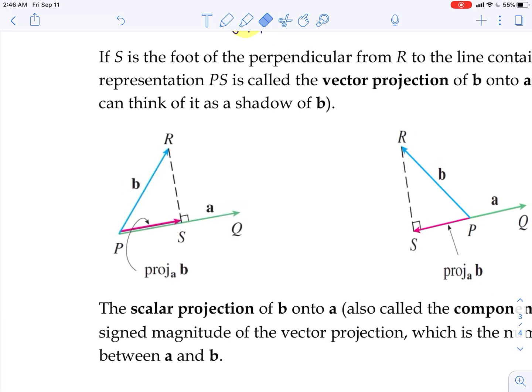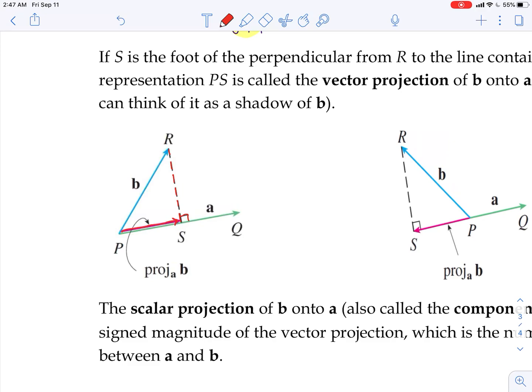And so what a vector projection is: we have two vectors, B and A, and wherever the terminal point of B, the end point of our vector, makes a perpendicular angle with our other vector, vector A, the vector that's in between the starting point and wherever that point is on the vector, that right there is the vector projection.